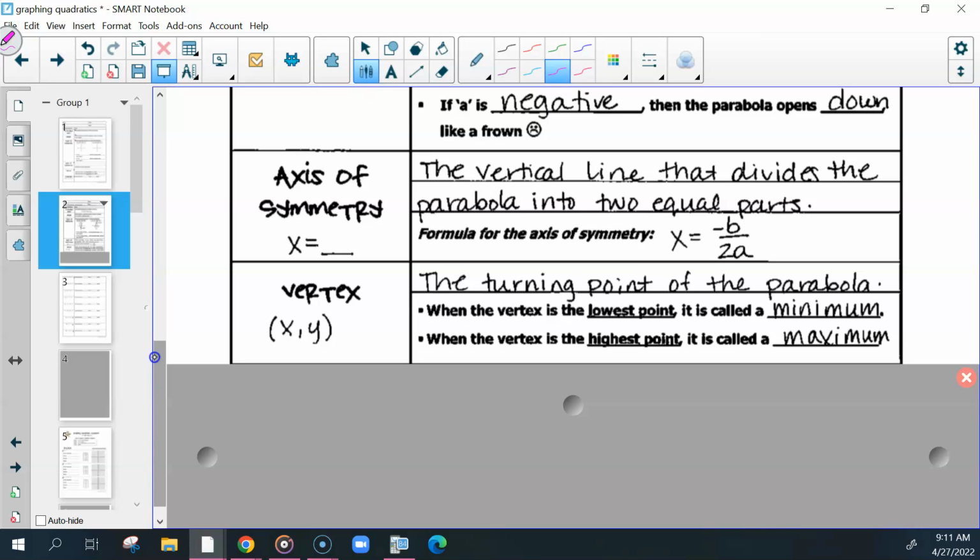That is something you would need to know and remember. Once we put in all of the values, the b and the a come from your equation that you'll be given, you'll get some number. So x equals that number would be your axis of symmetry, that vertical line.